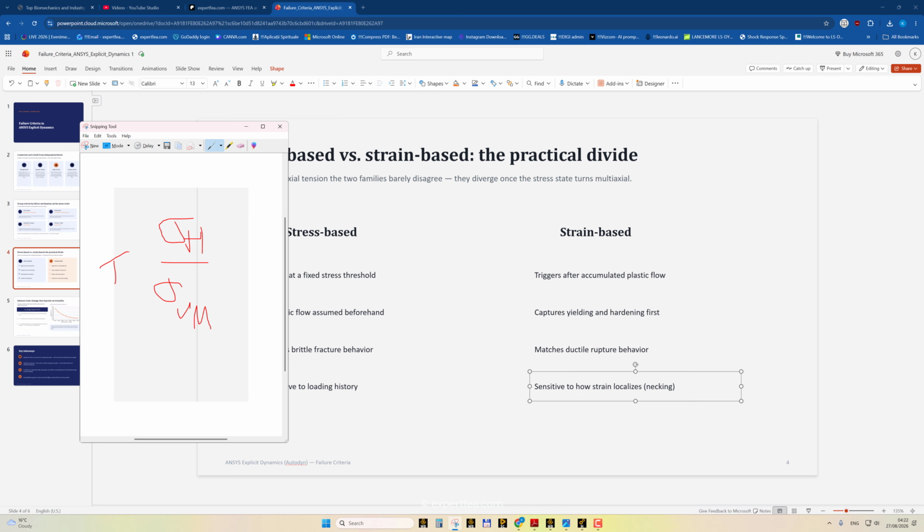This is triaxiality. And in order to have fracture, we need to have a value more than 0.33. Otherwise, if it were less than 0.33, we do not have a fracture.